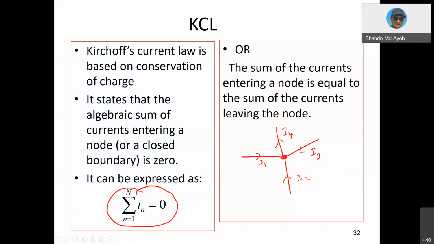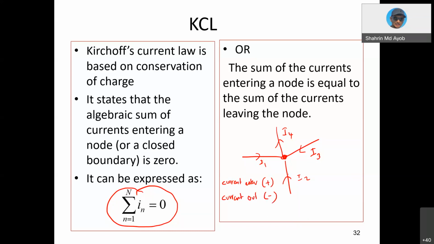So for this course, every current that enters the node, you should put a positive sign, and the current out from the node gets a negative sign.